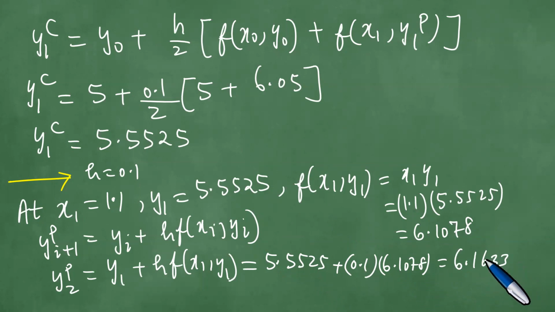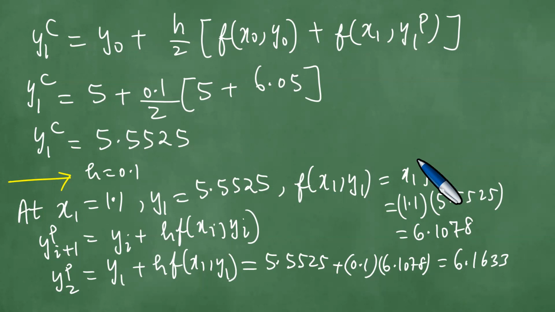It is exactly 6.1633. I believe that is the correct answer, but I must check this. Check this: 5.5525 plus 0.1 times 6.1078.